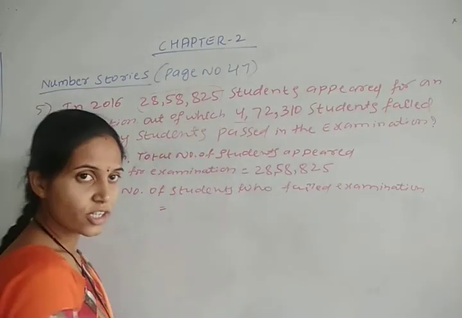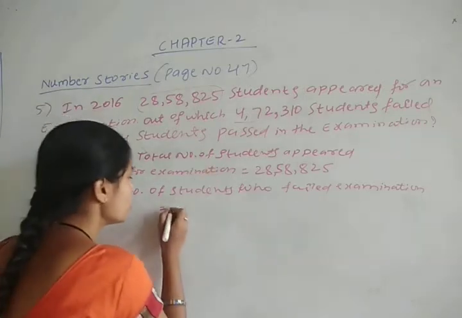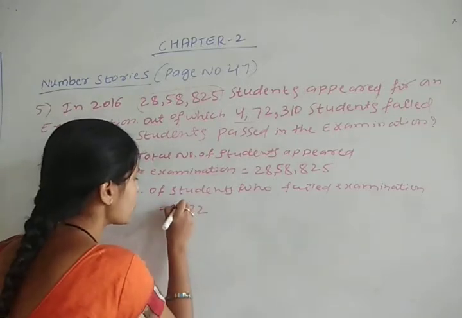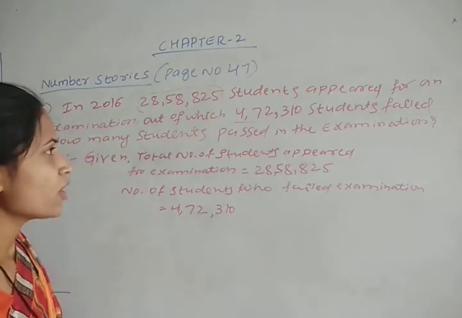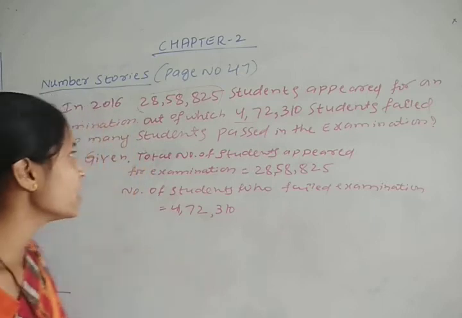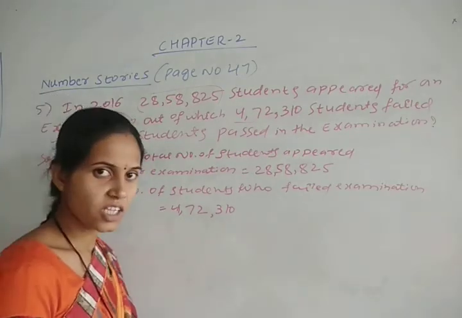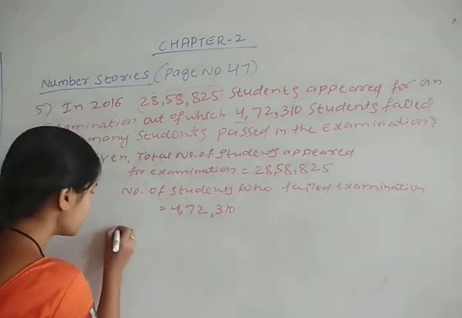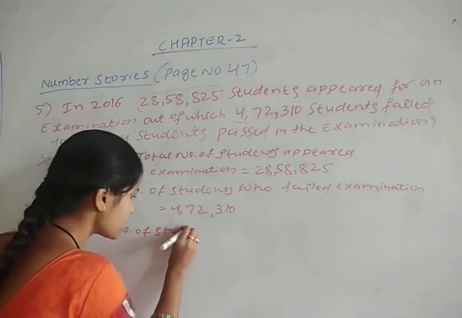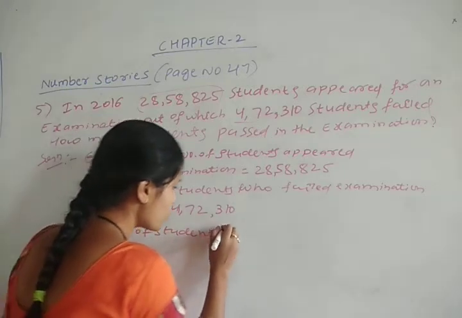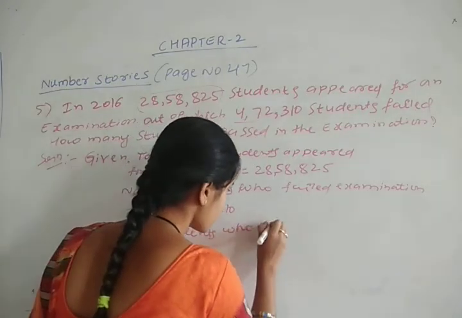The number of students who failed the examination is 4,72,310. Now what do we have to find? We have to find the number of students who passed the examination. Now I will write here: number of students who passed the examination.